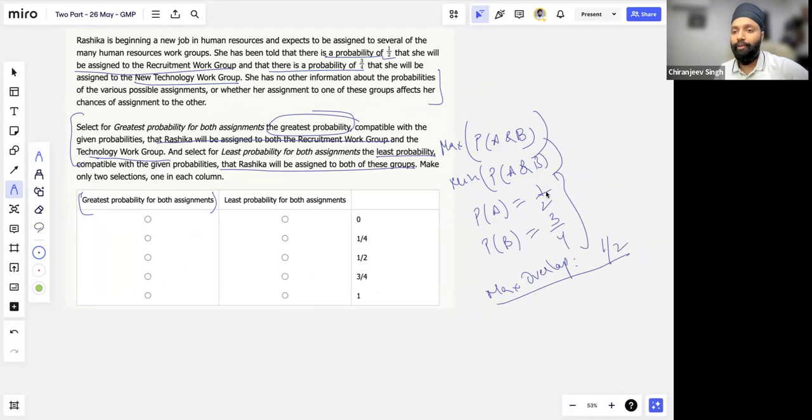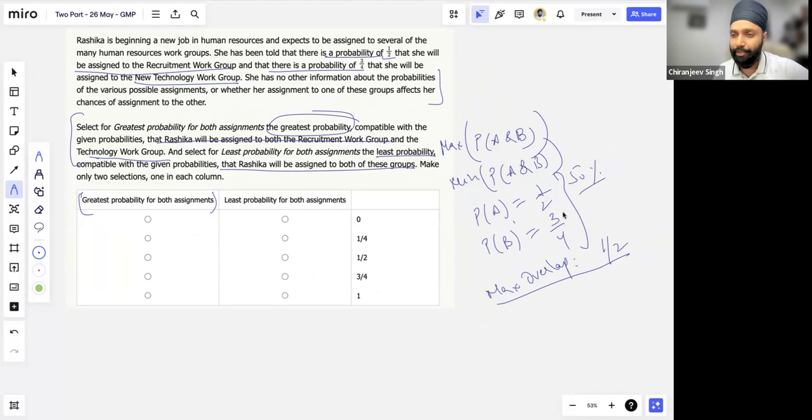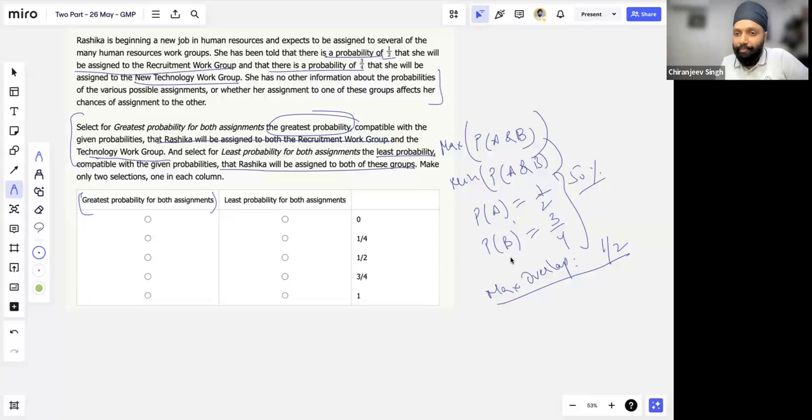A alone doesn't happen 50% of the time; it happens only 50% of the times, right? So naturally, the probability of A and B both happening cannot be more than 50%, which is 1/2. I agree with the rationale.